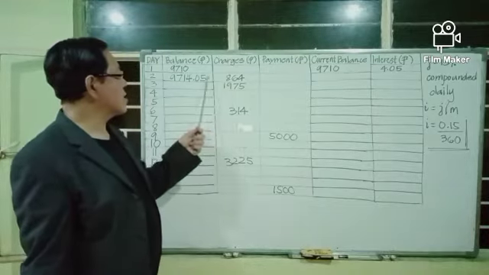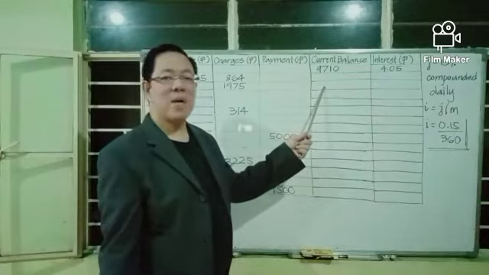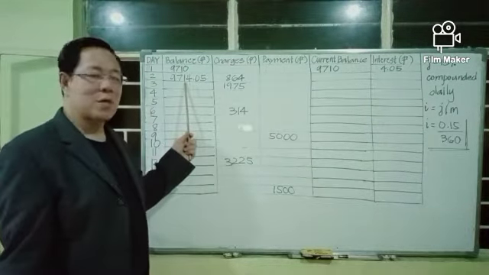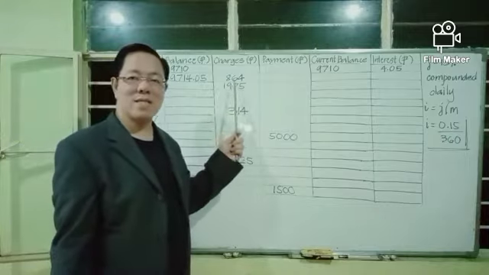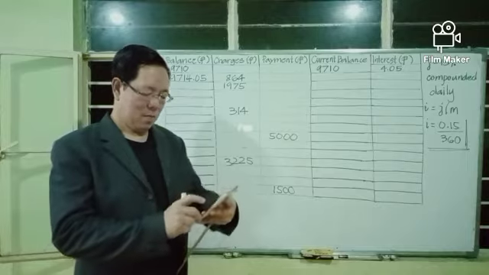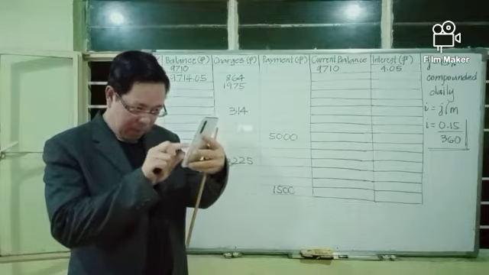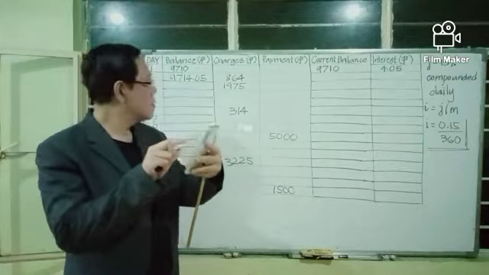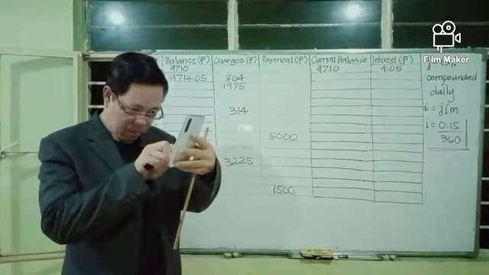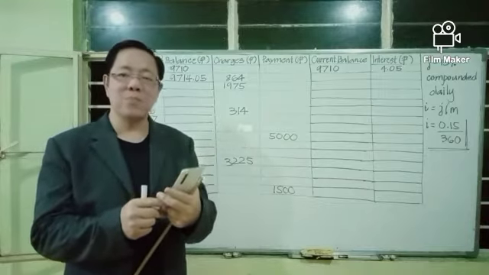This is to be added to the balance at the beginning of November 2 to get the current balance at the end of November 2. We add 9,714.05 plus 864 pesos, and you should get 10,578.05.